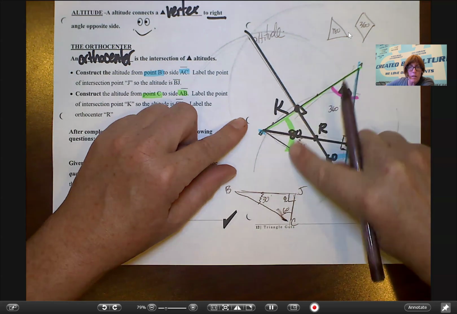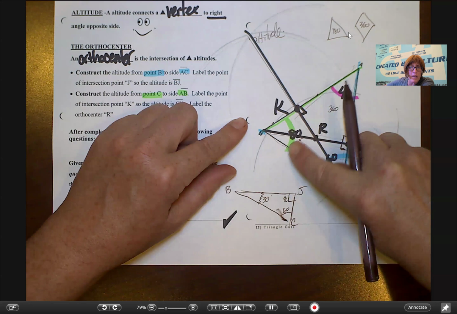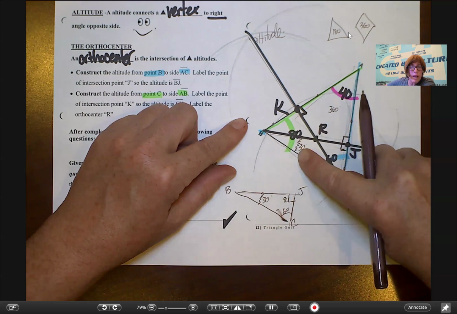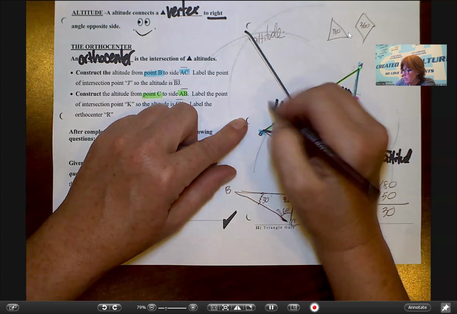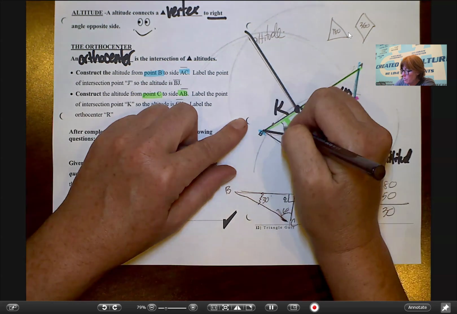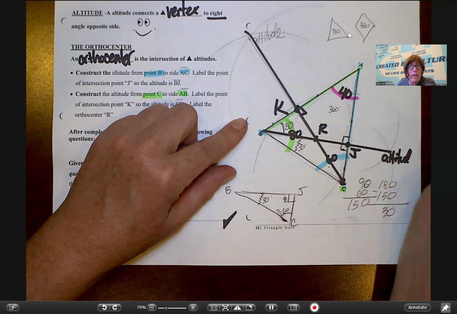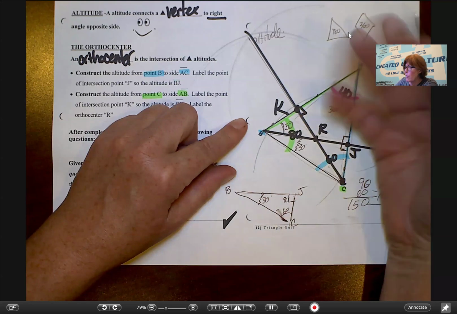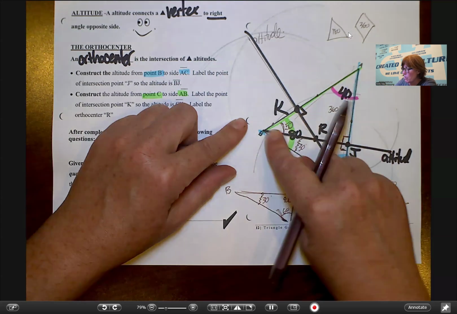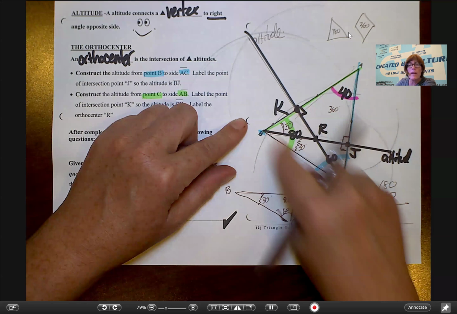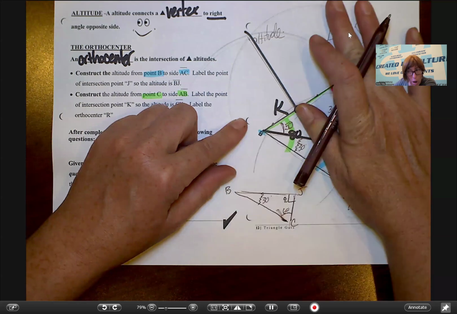Feel that? If this is 80, and that's 30, that gives you this angle right here as 50. Now you just keep looking for a bunch of different right triangles. There's lots of them here. And find all angles possible.